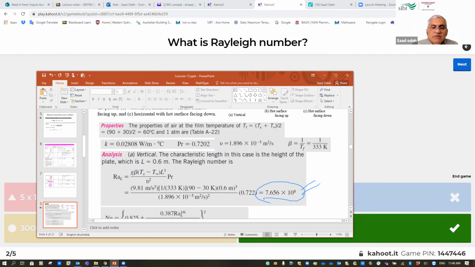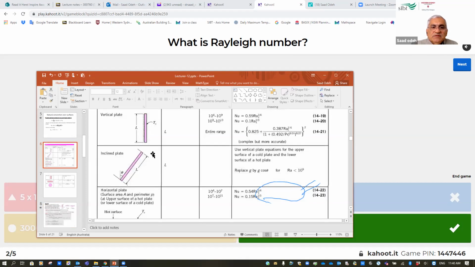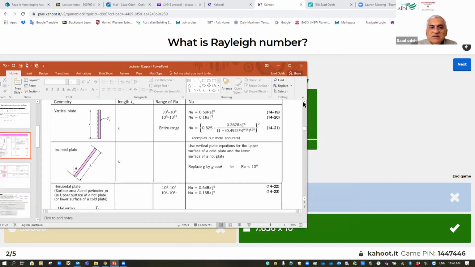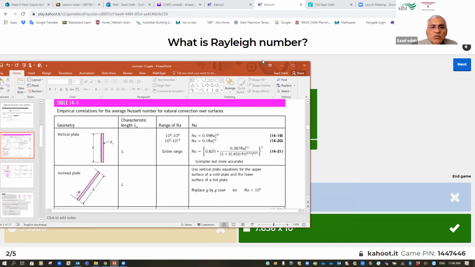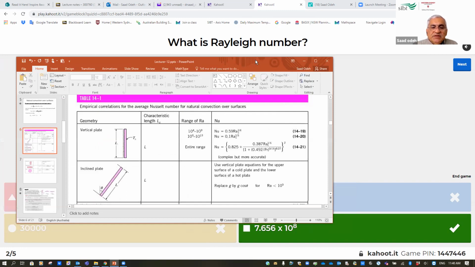Okay. So now, based on this value, we're going to go to this table. I will keep this table on this page and try to find which case you're going to use from the table. So first of all, what's your geometry?